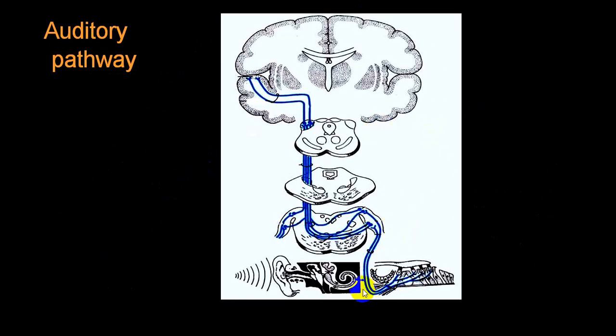From there, the fibers will cross to the opposite side, ascend up, and then end in the temporal lobe, which we call the auditory area. The cochlear division will end in the auditory area, while the vestibular division will be connected to multiple different portions in the brainstem. We'll be talking regarding that part.